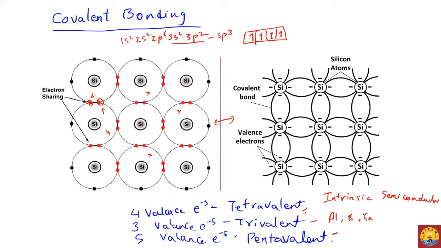Gallium, indium, all these are trivalent. Then we have pentavalent, having 5 valence electrons. Like phosphorus has 5 valence electrons. Its atomic number is 15, so it has a valence of 5 electrons. Any other?